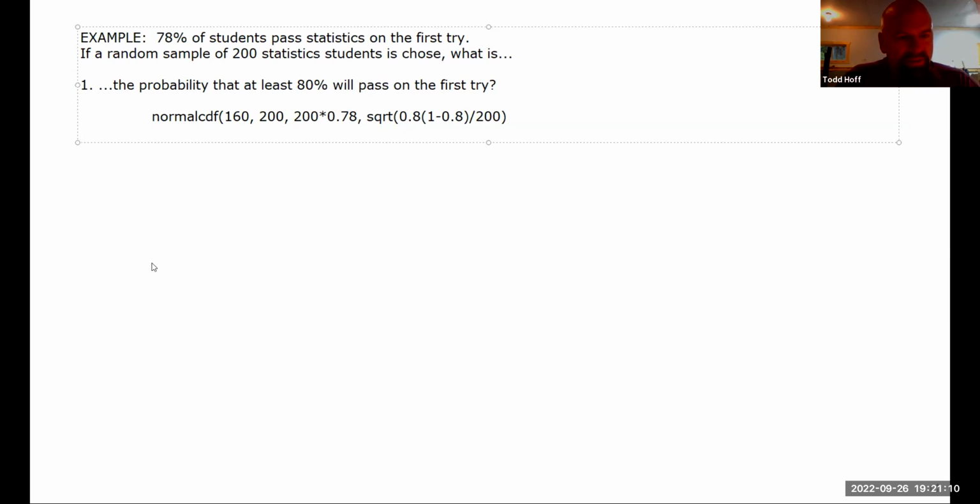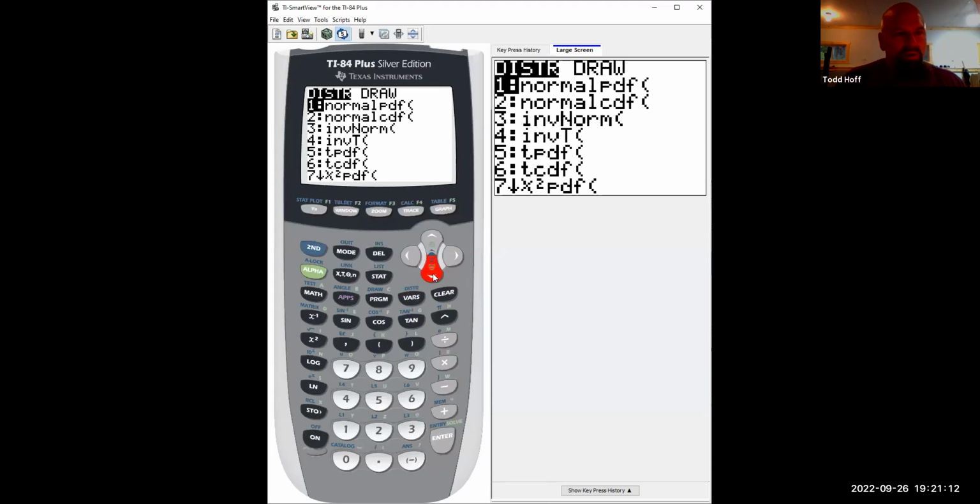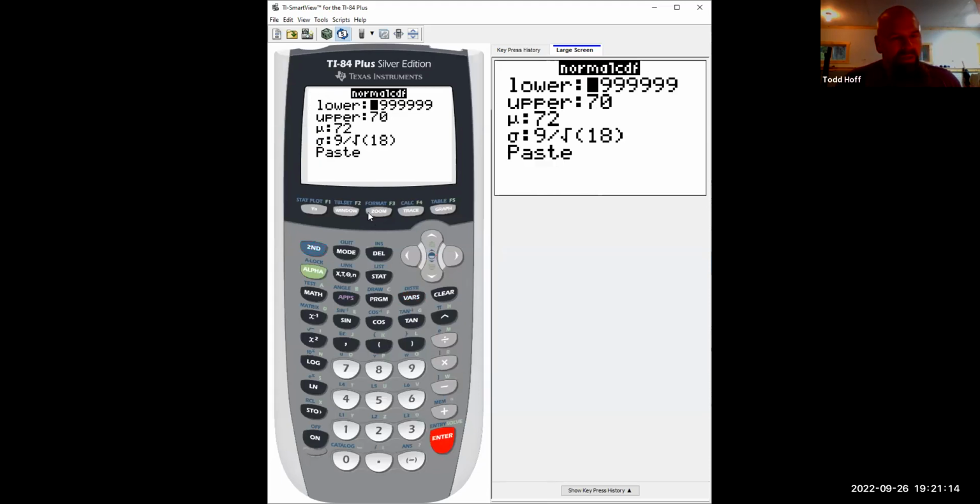So we're going to go second, distribution, normal CDF. We are going from 80%. Well, that's 200 times 0.8. I typed in 160, which is what the value actually is, to our upper limit, which will be the full 200. Our mean is 0.78 times the 200.